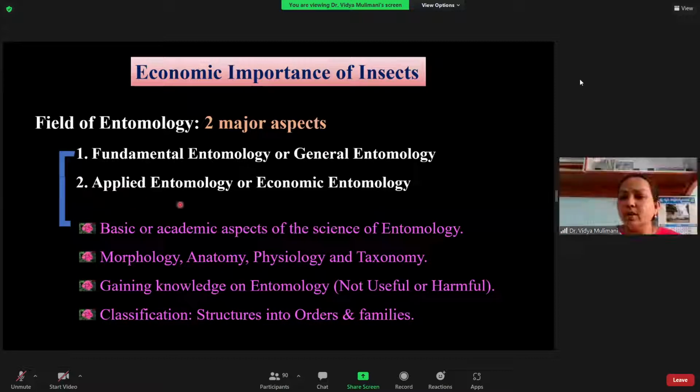Next, in the second course, we have applied entomology, that is economic entomology. It is the application of entomology to the field of science. I will continue with the second part.